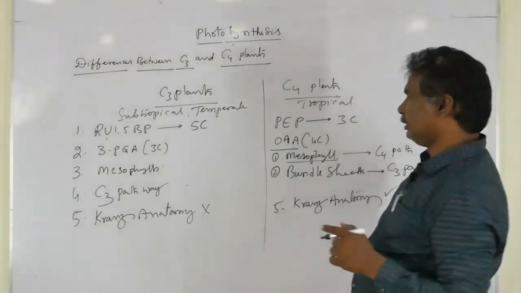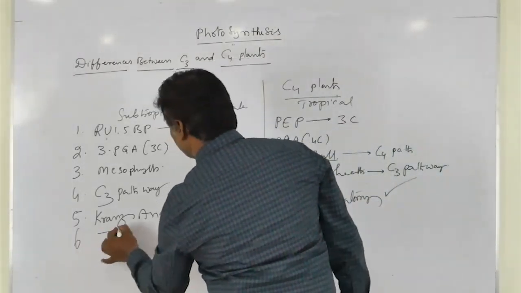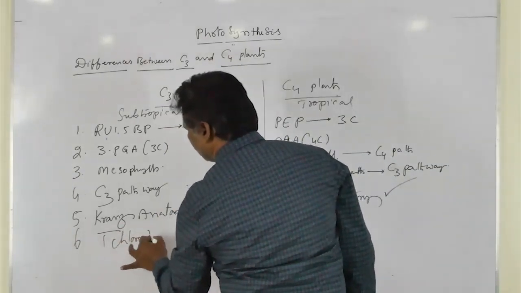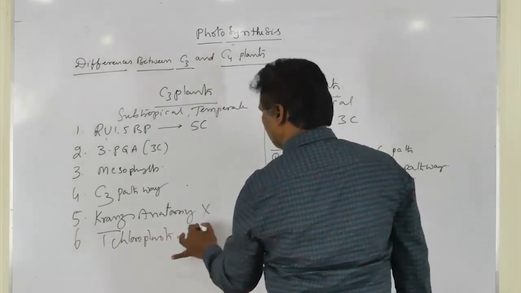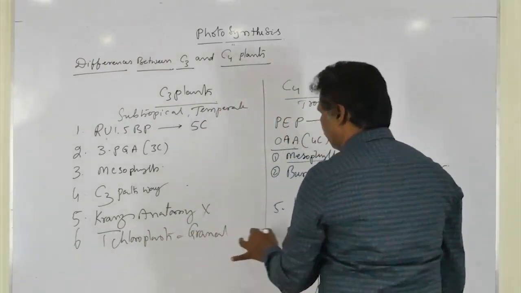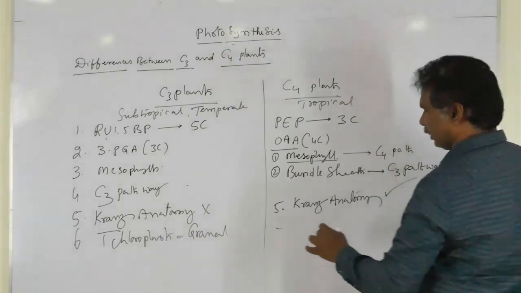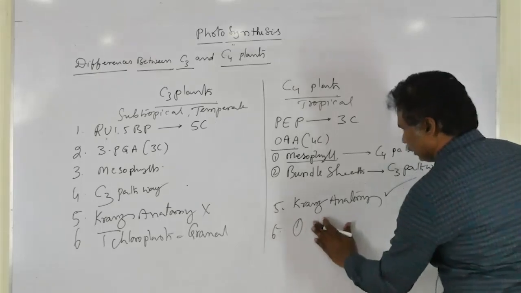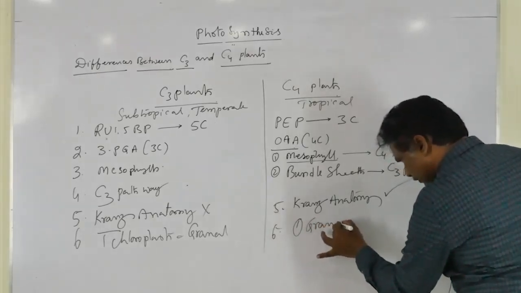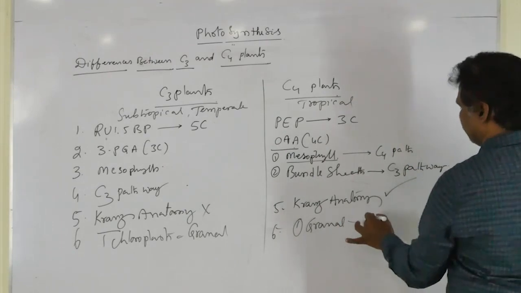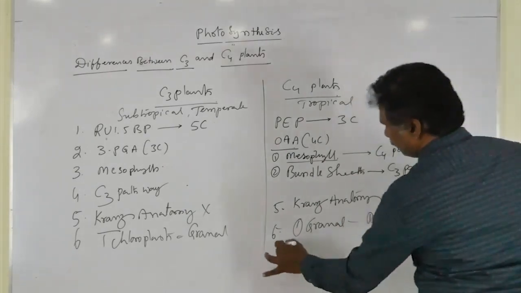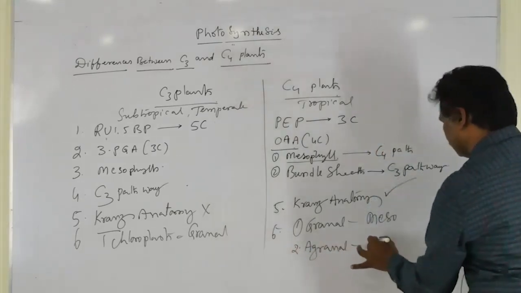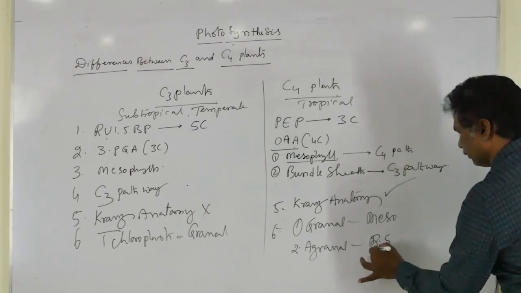Next, in C3 plants Kranz anatomy is absent and only one type of chloroplast is present, the granal chloroplasts. But C4 plants have two types of chloroplasts. Granal chloroplasts are present within the mesophyll cells, and agranal chloroplasts are present within the bundle sheath cells.